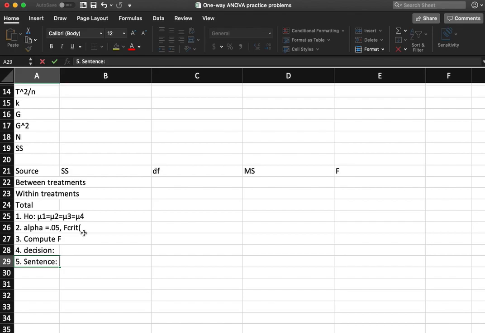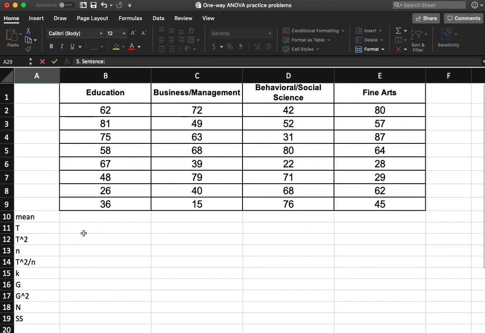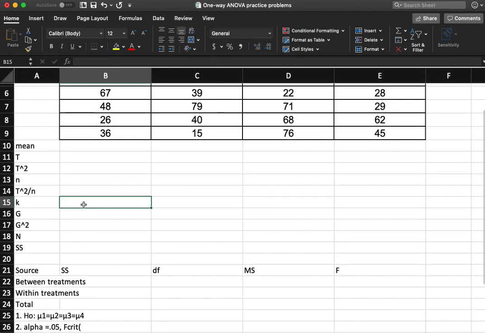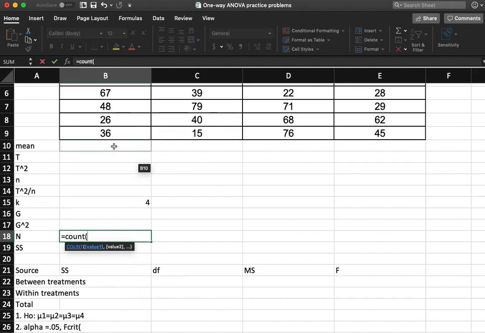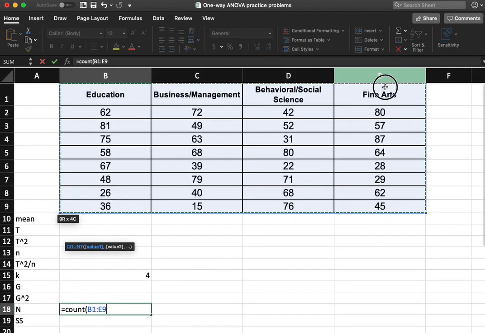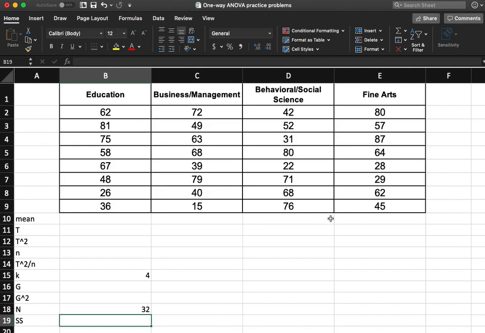What do we need to do? Let's look up F crit first. In order to do that, we need the number of groups. So that's 4 groups, or we could just count the means that we've got. We also need to know the number of scores that we have. So I'm going to say equals count, and then I'm going to select all the different scores, not including anything that's not a score, and that's 32.